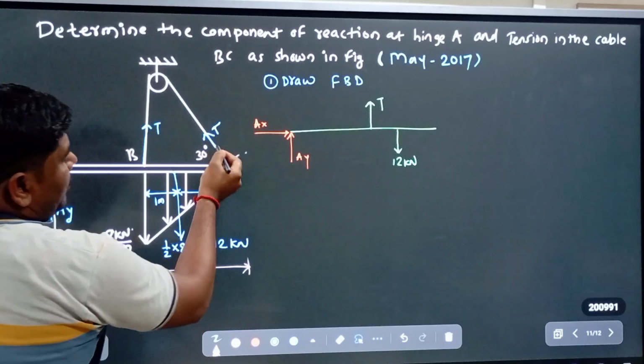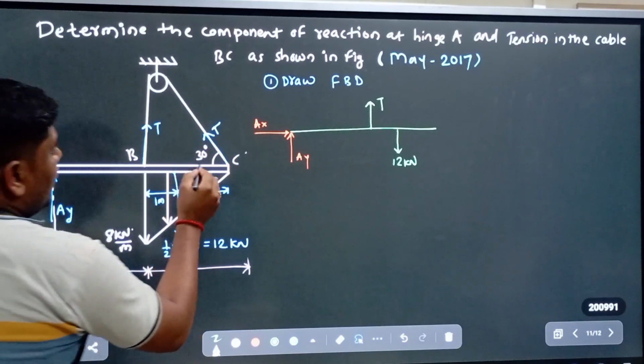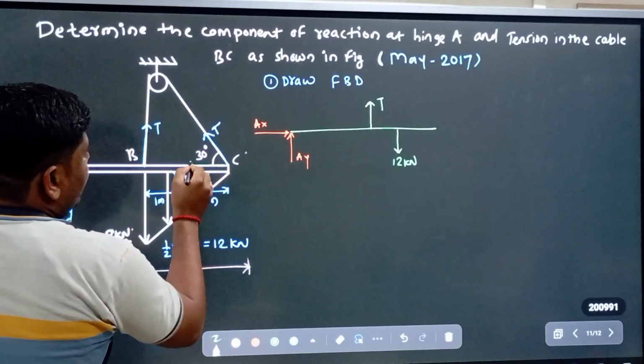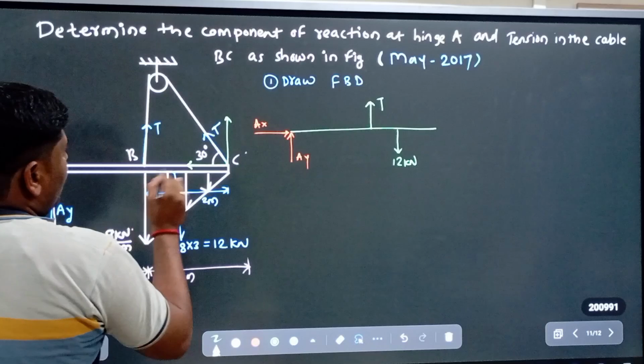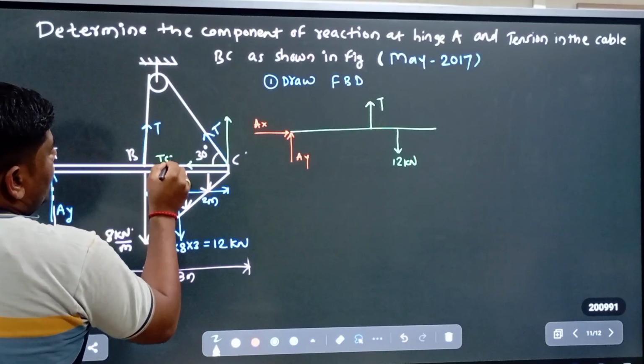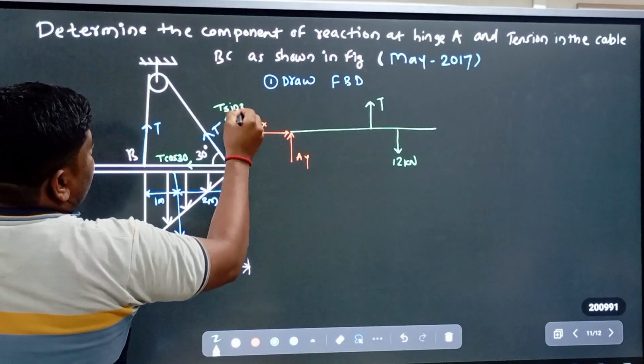We know that the side with which the angle is created carries the cos component. That means this side will carry the cos component while the vertical side will carry the sin component. So this will be T cos 30 and this will be T sin 30.